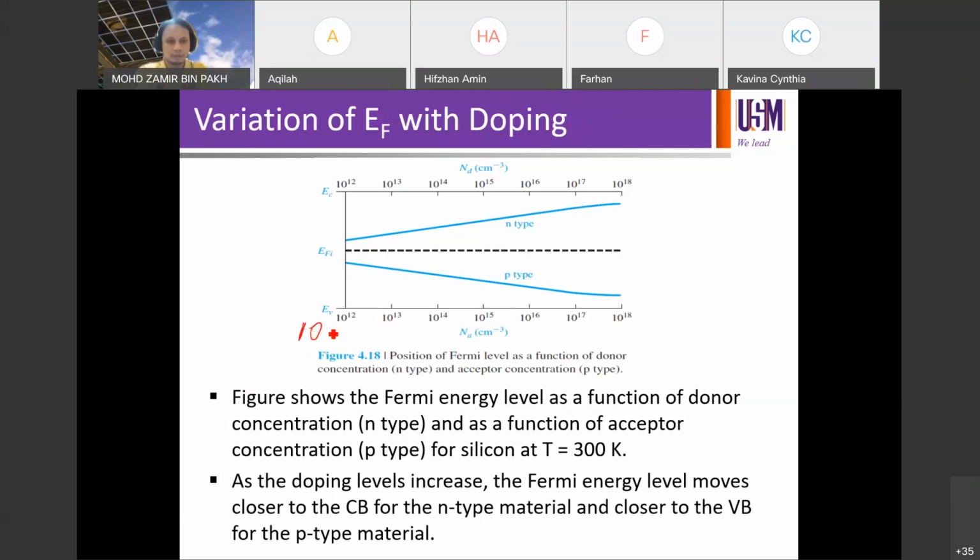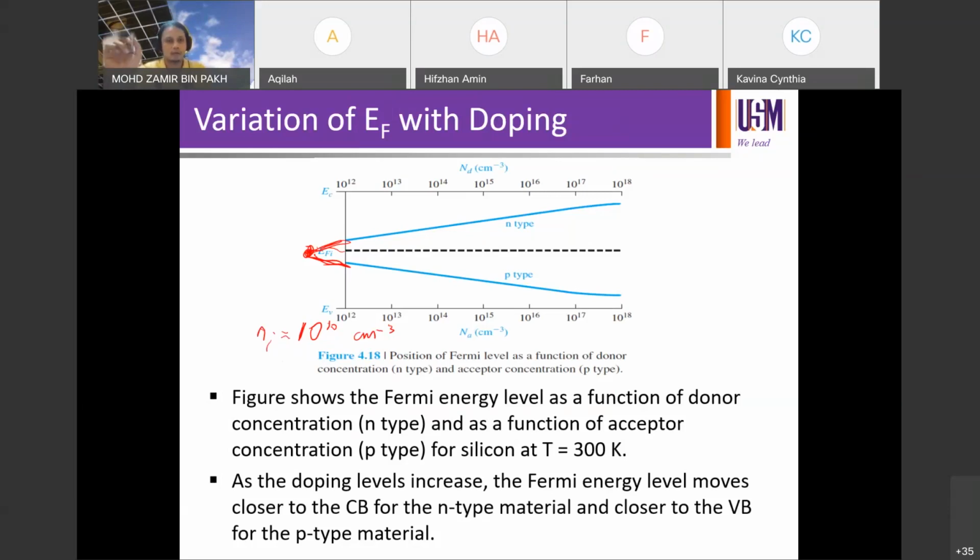So you're going to start somewhere here, perhaps, if you extrapolate this line, okay, somewhere there, Ni equals 10 to the 10 per centimeter cube for silicon, yeah, for silicon, remember. So if you dope your silicon to n-type or p-type, it is going to move accordingly.